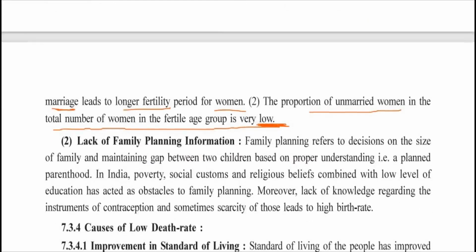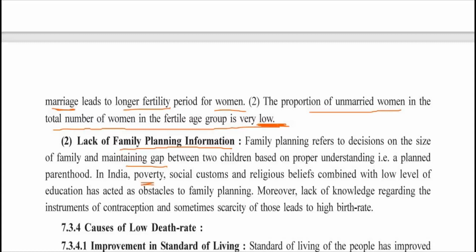And then we have lack of family planning information. People don't know how to control their family size, how to maintain the gap between 2 children, what family planning methods to adopt, what contraceptive methods to use. So the importance of a small family is not known, and how to form a gap between 2 children is also not followed.